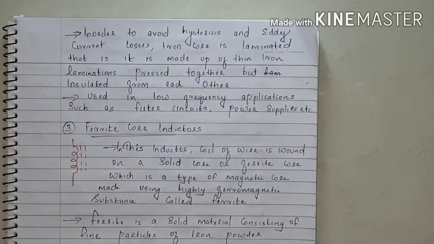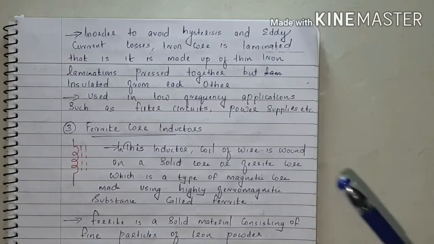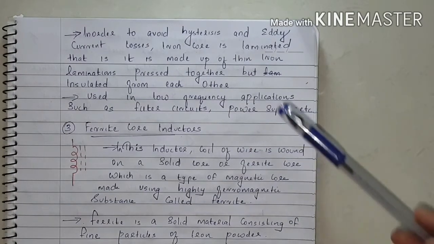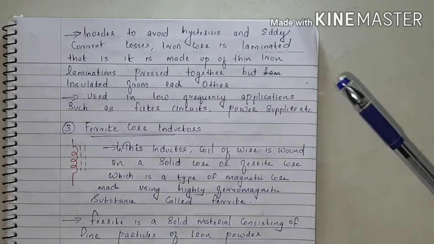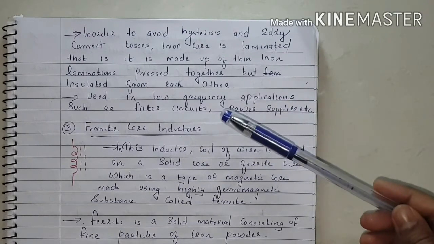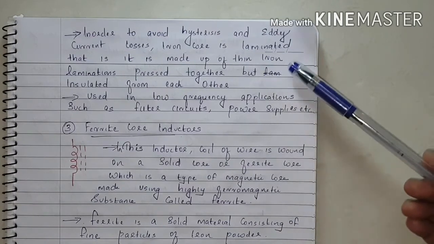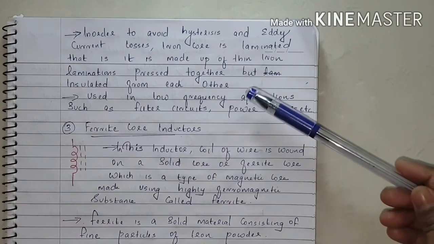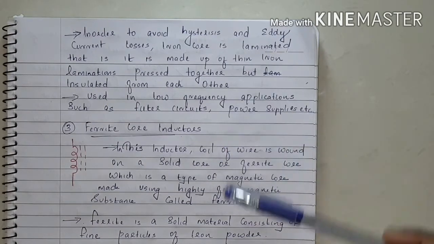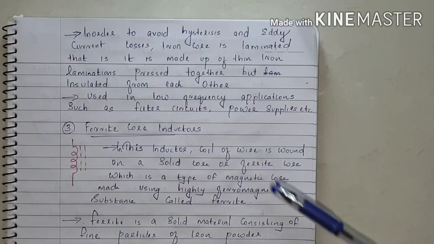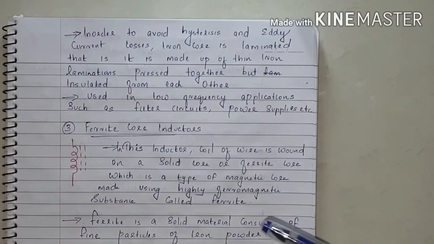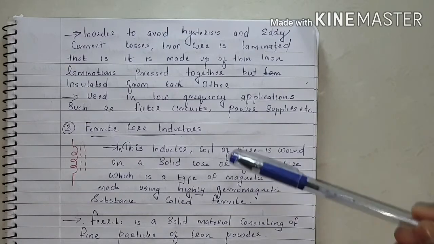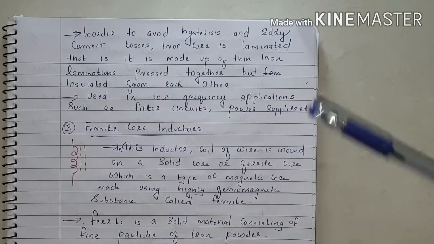In construction, the iron core is laminated in order to avoid hysteresis as well as eddy current losses. Laminated means it is made up of thin iron laminations pressed together but insulated from each other. They are used in low frequency applications such as filter circuits, power supplies, etc.